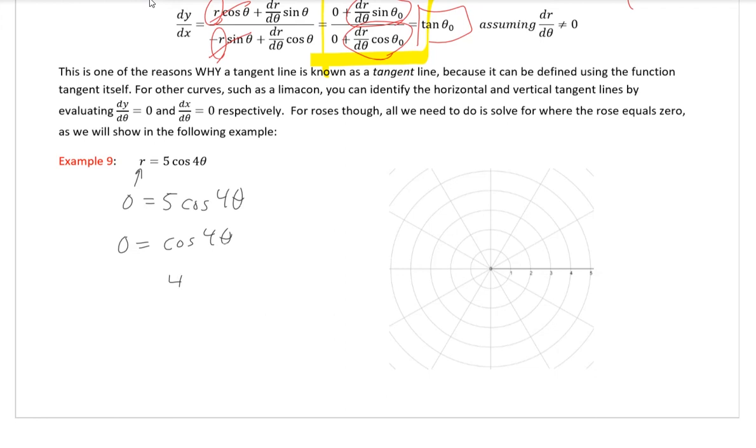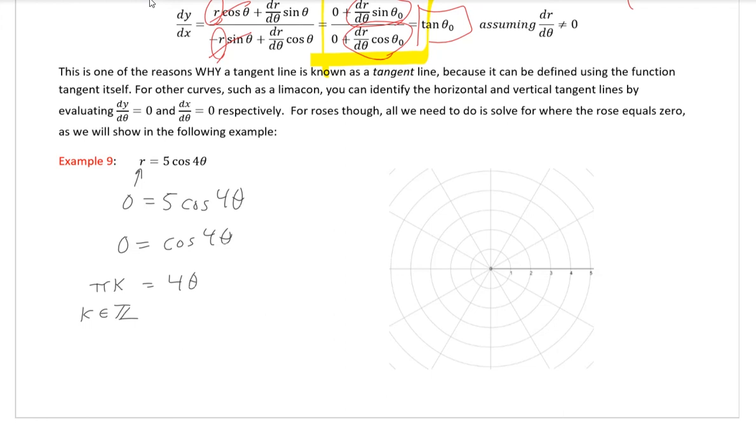And then if I take cosine inverse of both sides, cosine is equal to 0 at many places. Sine is explicitly equal to 0 at pi times k, where k is an integer, so something like 1 or 2 or 3 or -1 or -2, or 0, really.